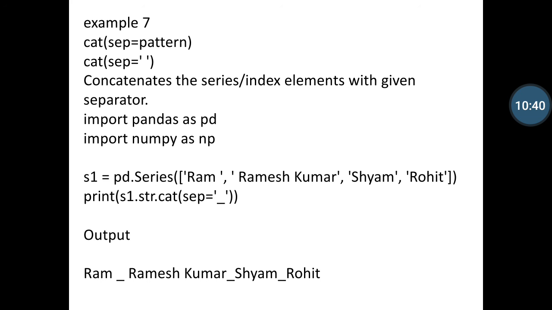You can notice here I am writing print, open bracket, s1.str.cat, sep equal to underscore, defined in single inverted commas, and close the bracket. After executing it, it concatenates the above series values in a single line: Ram dash Ramesh Kumar dash Shyam dash Rohit.